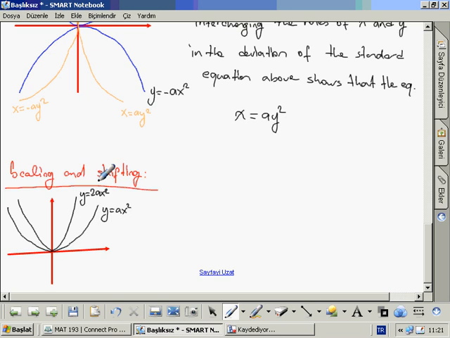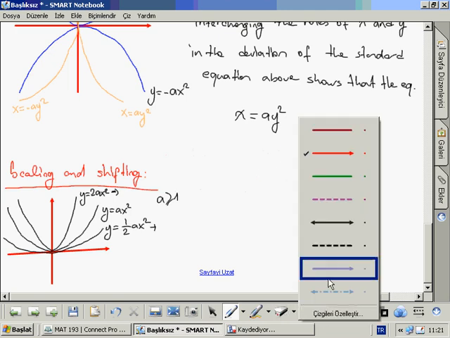This is the scaling by 2. When you scale it by 1 over 2, you will obtain a parabola which is 1 over 2 ax squared. As you see, this one is scaling by 2 and this one is scaling by 1 over 2, and also a is larger than or equal to 1.